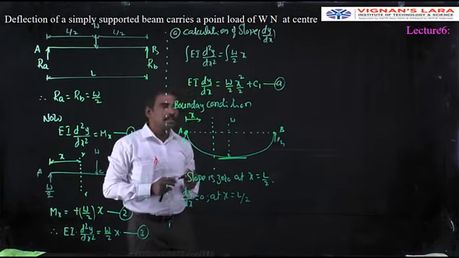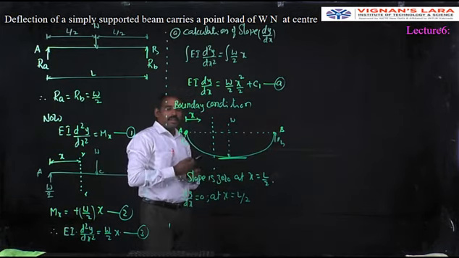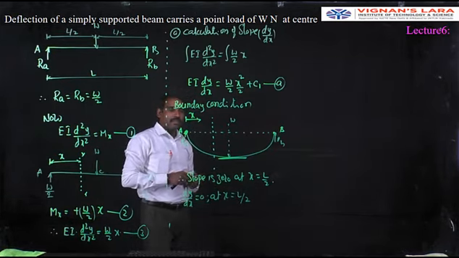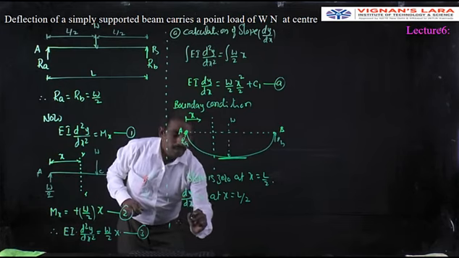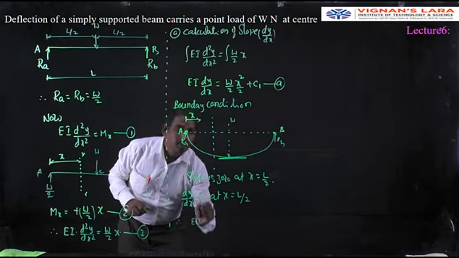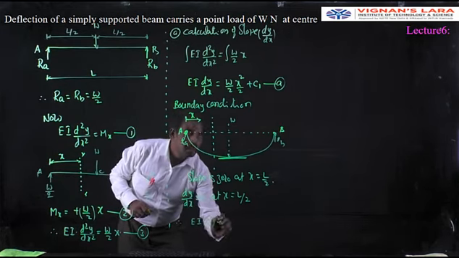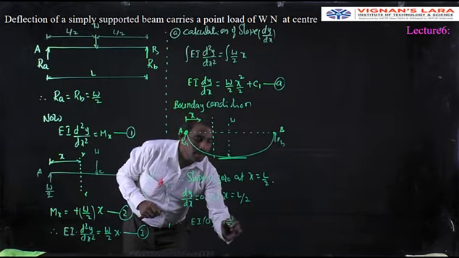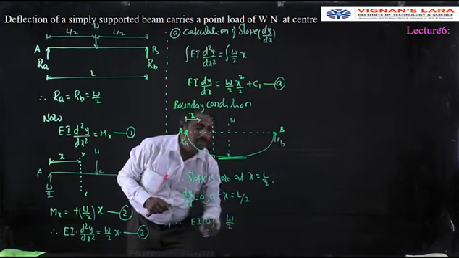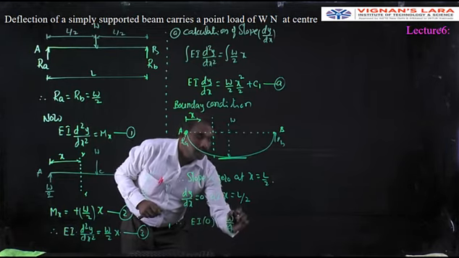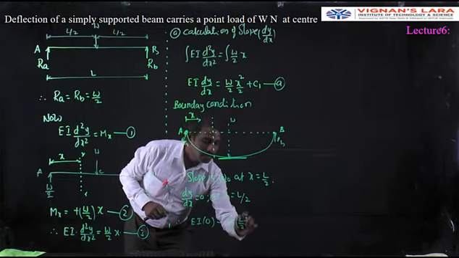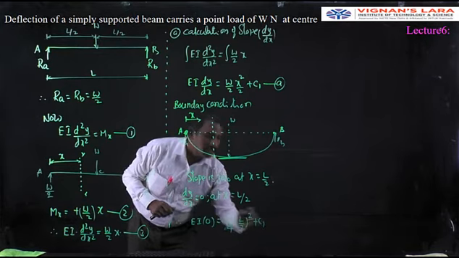It means substitute dy by dx is equal to 0 and x is equal to L by 2 in equation number A. Finally, EI into 0 is equal to W by 4 into L by 2 whole square plus C1.